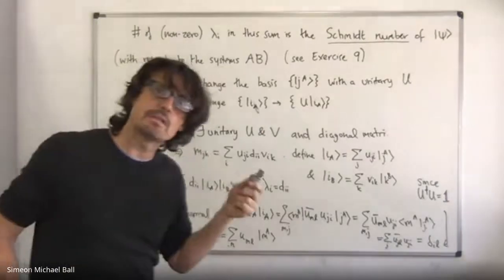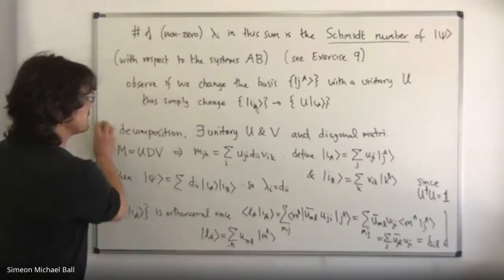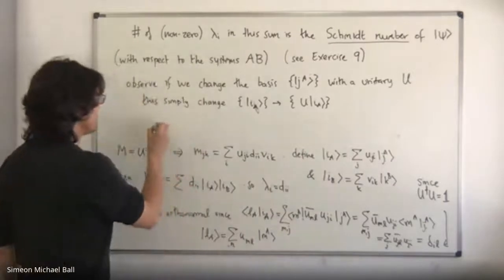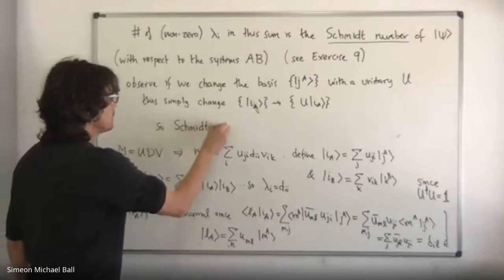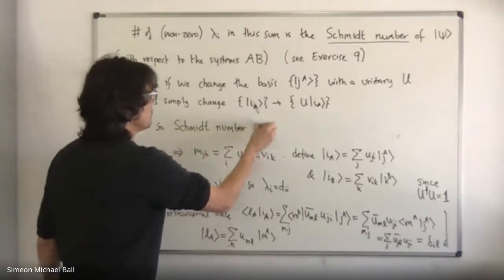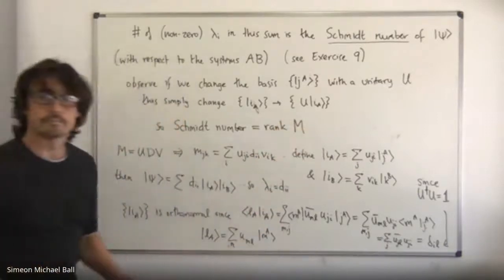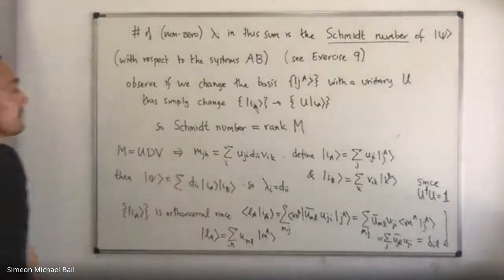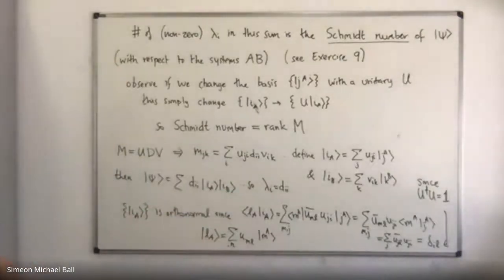So then you see that the number of non-zero lambda i's we get, the Schmidt number, is equal to the rank of this matrix M. And these D_ii's also go under the change of basis, of course. So the lambda i's are also fixed.